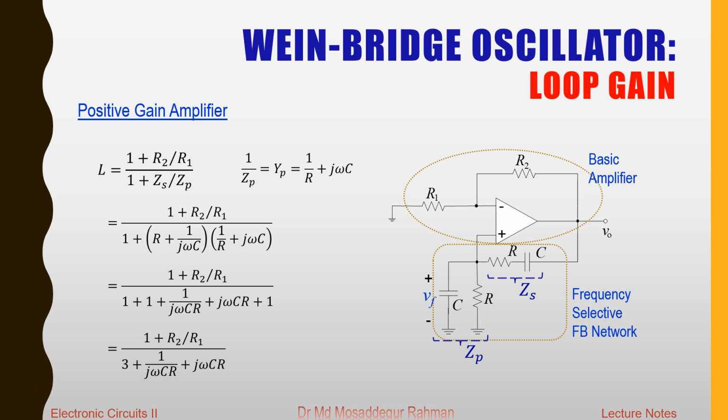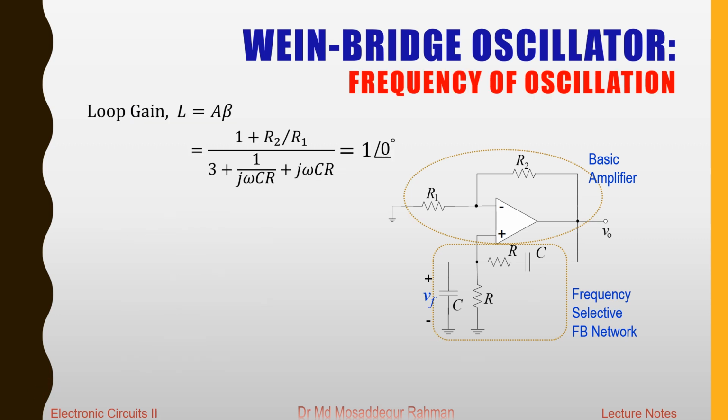We now impose the condition for sustained oscillation, the Barkhausen criterion, on this loop gain expression. The criterion states that the magnitude of the loop gain should be 1 and its phase angle should be 0, which we can also express like this: the real part of the loop gain should be 1, and the imaginary part of the loop gain should be 0.